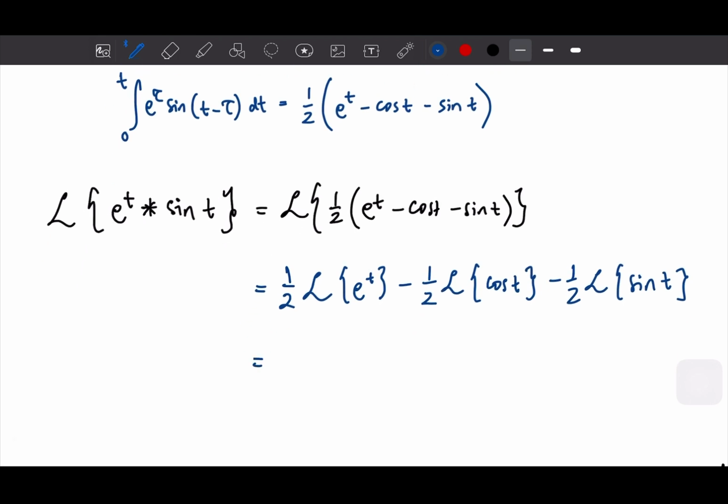And then we can take this: half of 1 over s minus 1, and minus half of s over s squared plus 1, minus half of 1 over s squared plus 1.